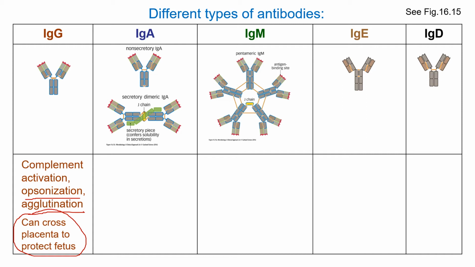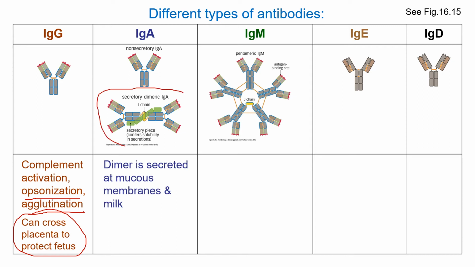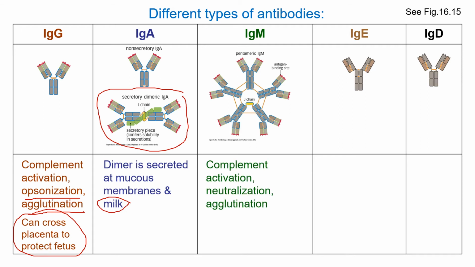You can see IgA is the second one here. It can exist as a dimer, so it's kind of like two antibodies attached back to back. You can see this one is also important for babies because it can go in the mother's milk. So babies may not have a developed immune system, but their mother can help them out at least during the first few months of life and as a fetus. So IgM, this is a good one because it has all these antibodies attached together, 5 together.